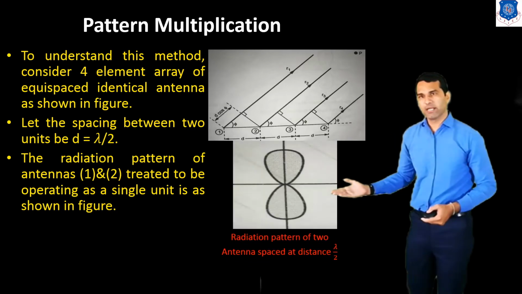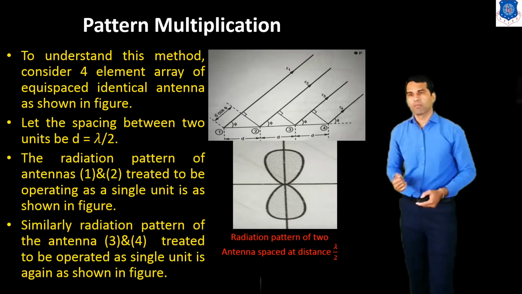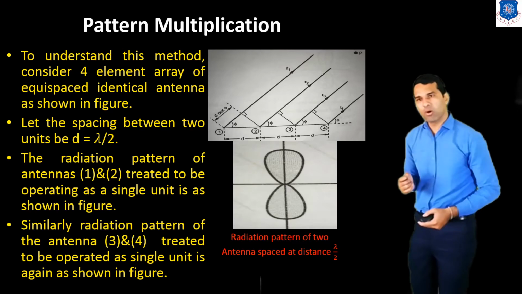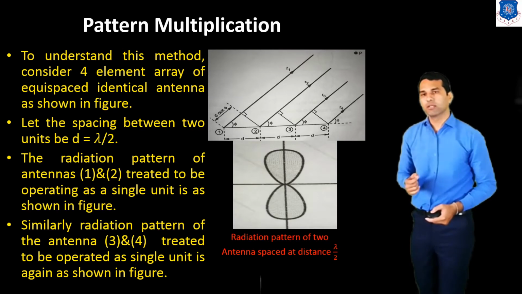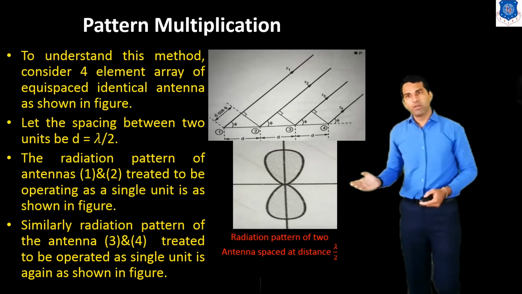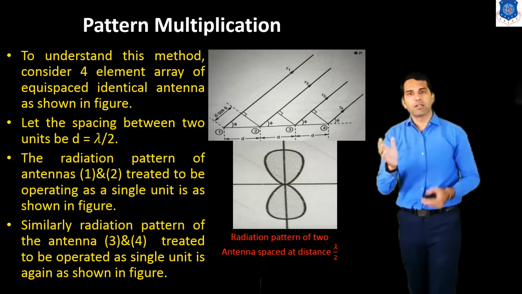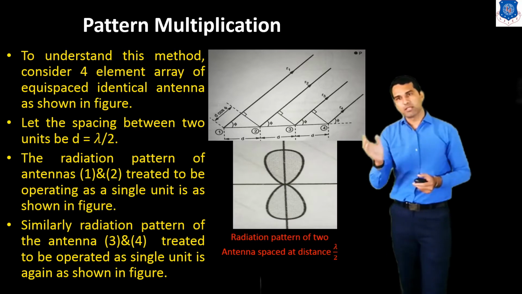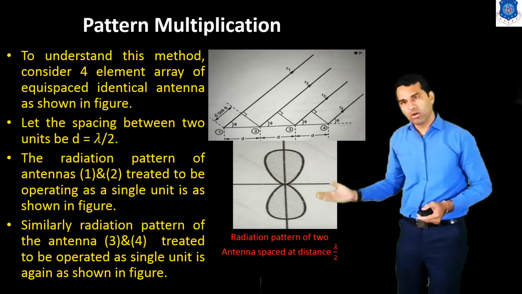Like this is the radiation pattern for elements 1 and 2. Similarly, the radiation pattern of antennas 3 and 4, treated as operating as a single unit, is again as shown in the figure. So we know that this is the pattern multiplication. The final pattern for elements 1 and 2 is like this, and for 3 and 4 is also like this.